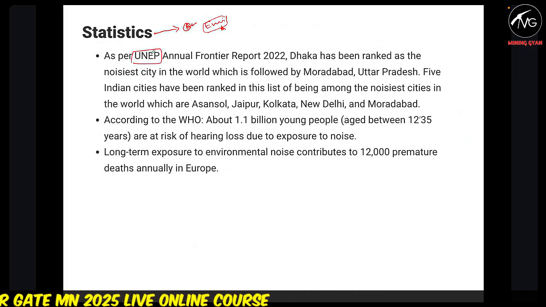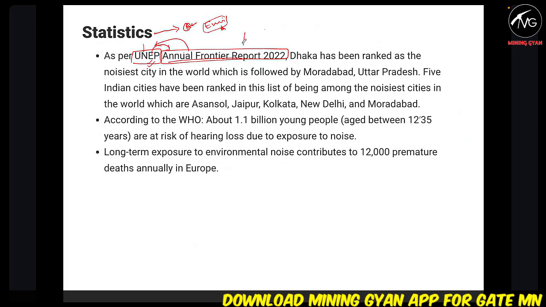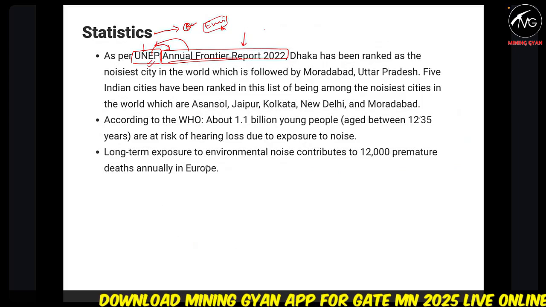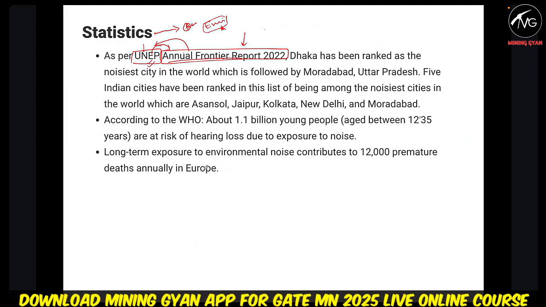UNEP, यूनाइटेड नेशन का एक बॉडी. So UNEP annual frontier report. First you should know the annual frontier report is a report of UNEP. UNEP each year publishes a report whose name is the annual frontier report.